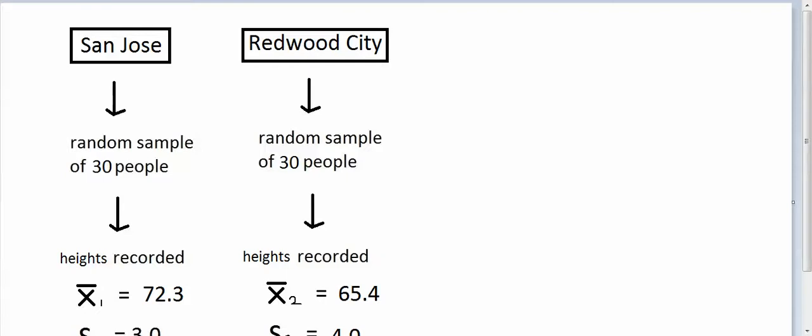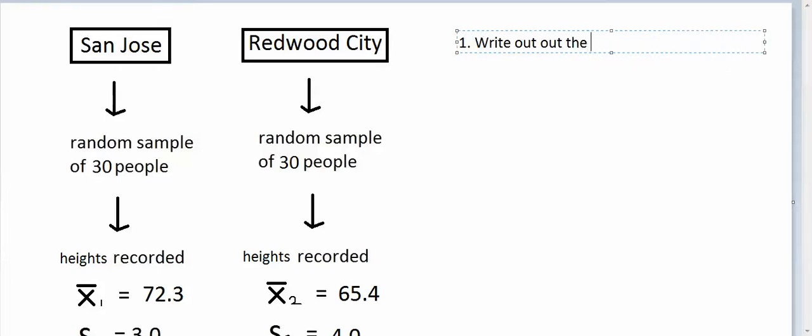In each of these three problems in your homework, the first question says to write out the null hypothesis and the alternative hypothesis. In a two-sample t-test, the null hypothesis is the possibility that the population means are equal.